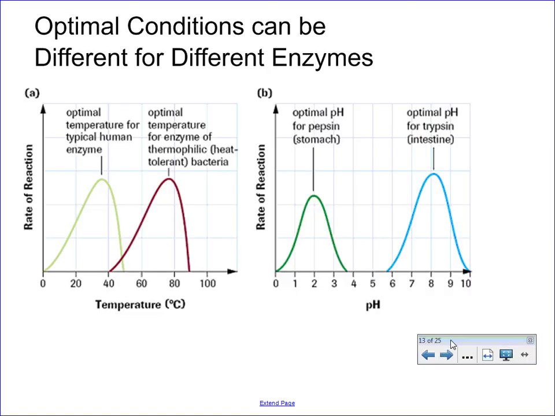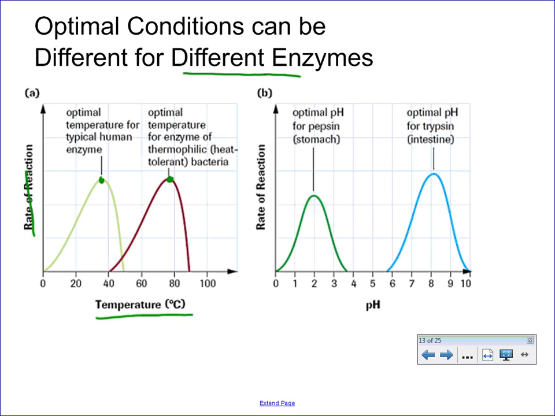So on this slide, these two pictures are showing that optimal conditions can be different for different enzymes. One figure is showing a change in temperature and a rate of reaction, and it's showing that for two different enzymes, there can be different optimal temperatures.